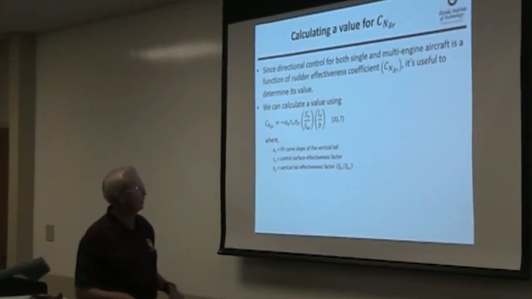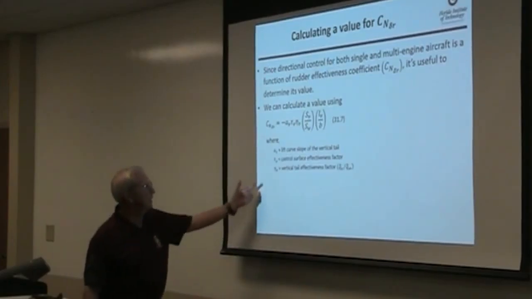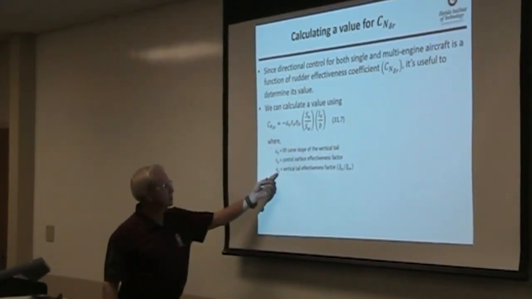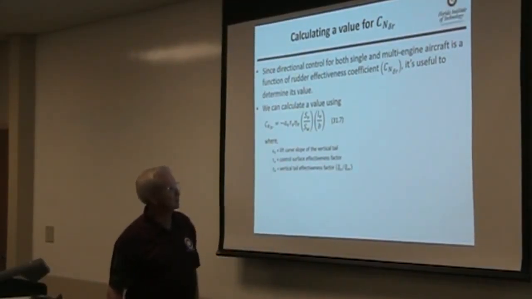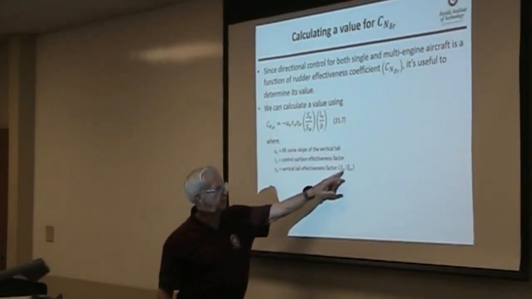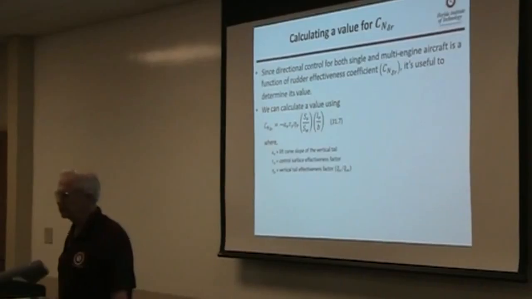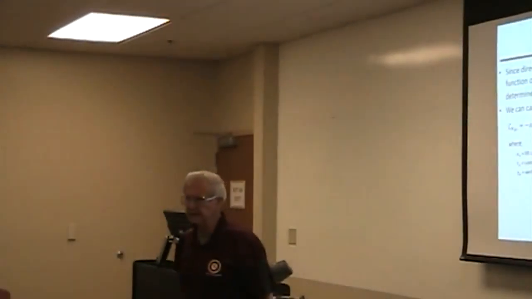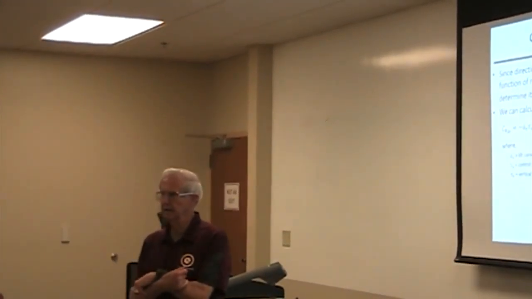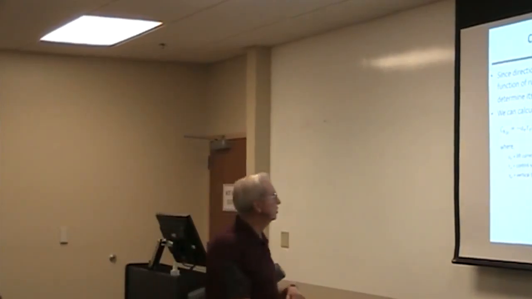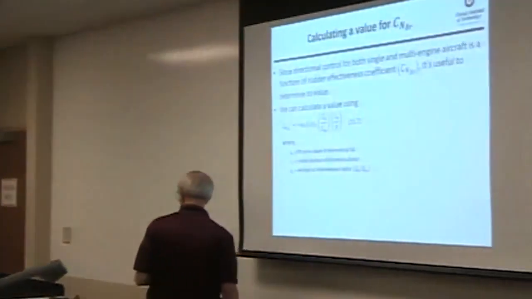If you dug around in old NACA documents, you can get that. And of course, this one, the vertical tail effectiveness factor, is just the dynamic pressure at the vertical tail over the free stream dynamic pressure, and generally that's about 0.9. So you can calculate Cn delta R.